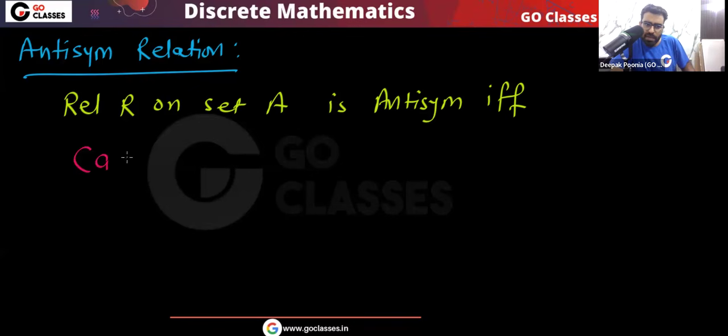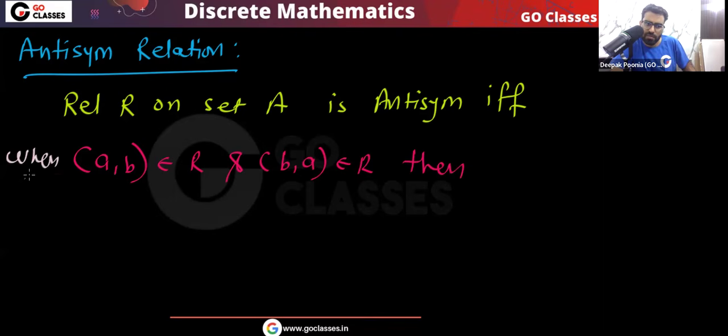whenever (a, b) belongs to R and (b, a) belongs to R, then a equals b. So this is the definition of antisymmetric relation.